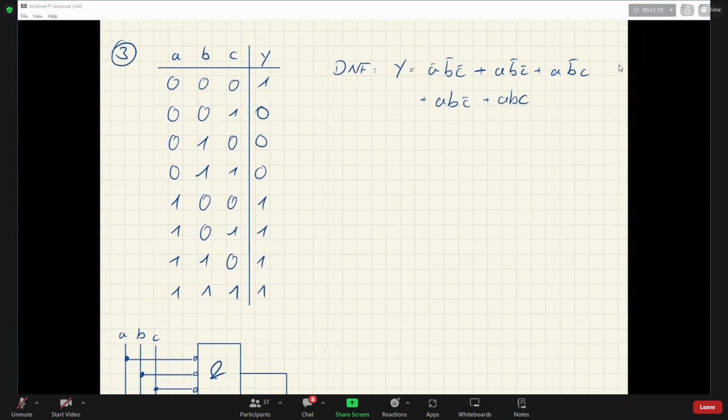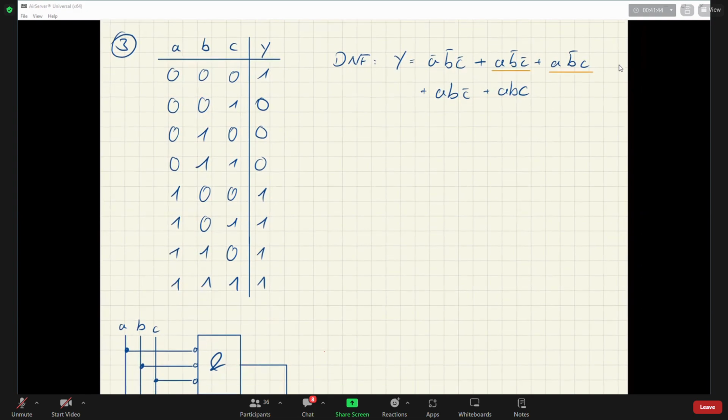And we are doing that by building pairs where only one input is different and two are staying the same. So, for example, we have here in the second term A, B naught, C naught, and here we have A, B naught, C. So we can write that one as A, B naught, (C or C naught).